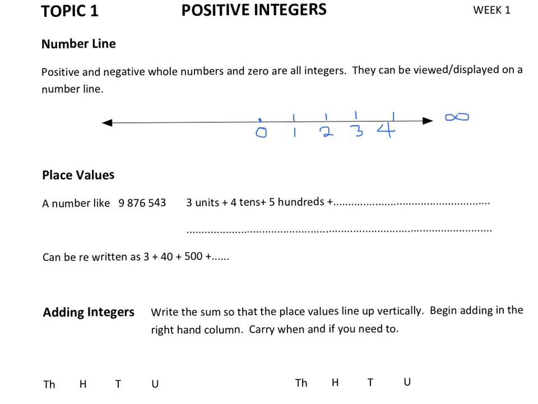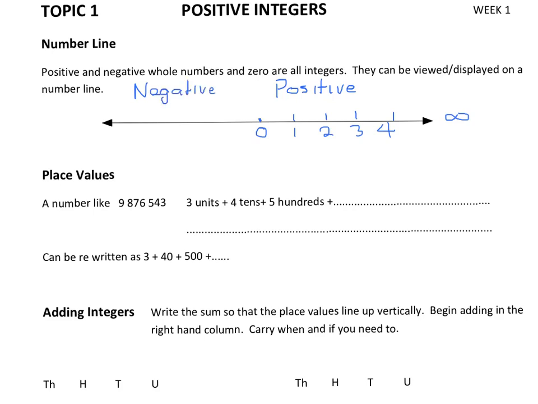So on the right hand side of 0 we have all of the positive numbers. They're the ones we're dealing with in today's lecture. But on the left-hand side of 0 we have the negative numbers.